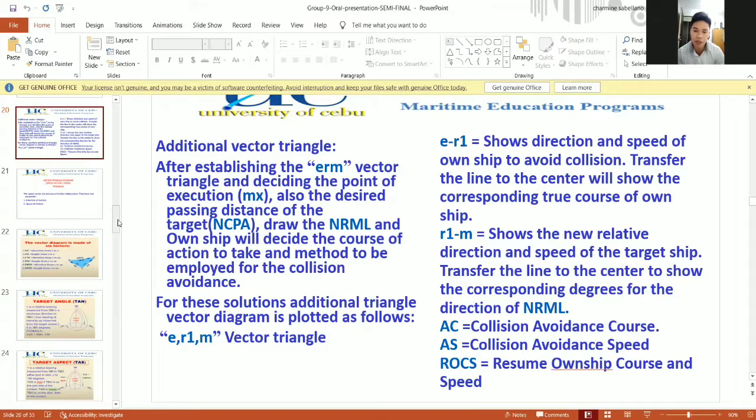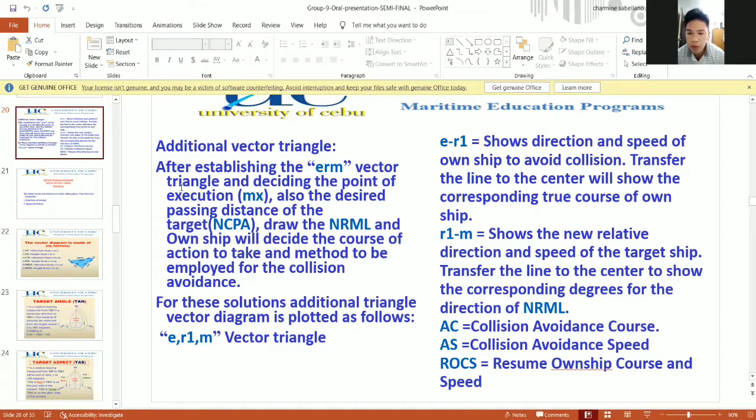Additional Victor triangle. After establishing the ERM Victor triangle, and deciding the point of execution, MX, and also the desired passing distance of the target, NCPA, draw the NRML, and own ship will decide the course of action to take and the method to be employed for collision avoidance. For this solution, an additional triangle vector diagram is plotted as follows. ER1M, Victor triangle.